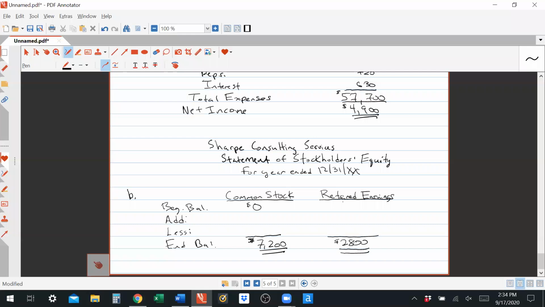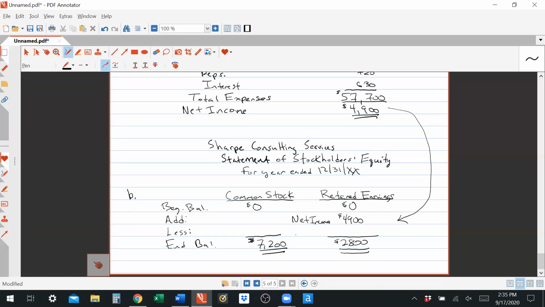Its beginning balance is 0 because it didn't tell us. What do we add to our retained earnings beginning balance? We add net income. And net income from our income statement was 4,900.